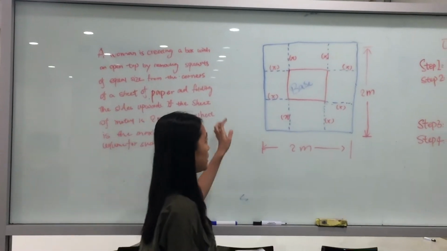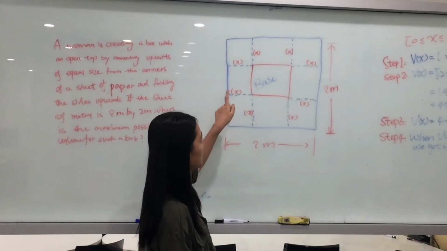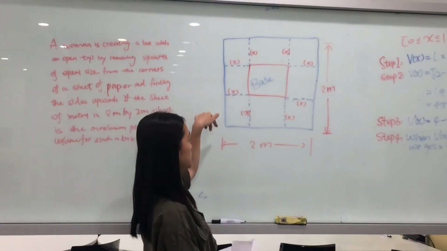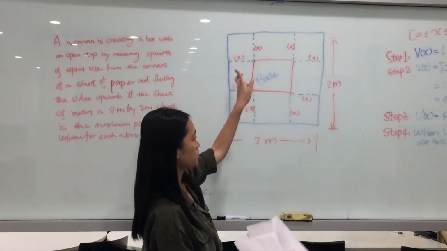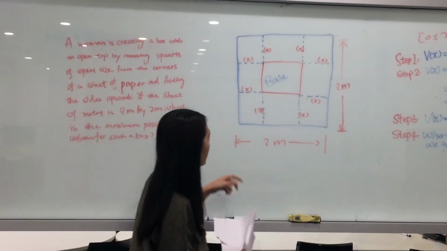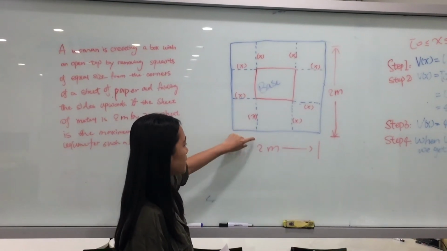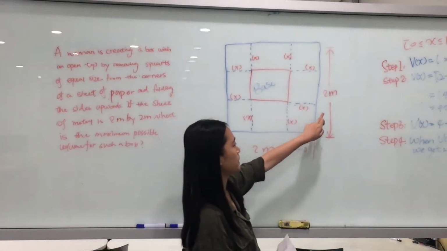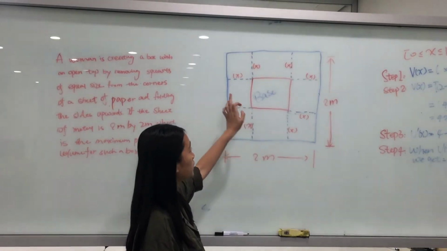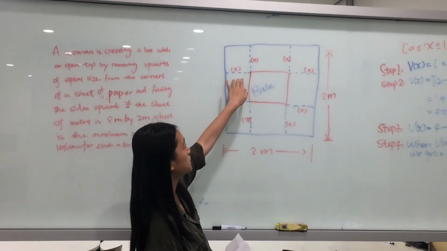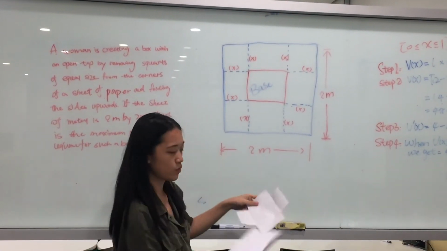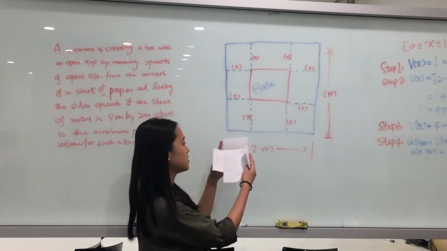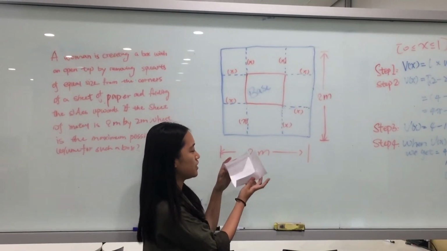Then we come to this part, and this is the graph for the question, where the width and height are 2 meters by 2 meters. We are going to cut off the squares, and we get a model like this one.